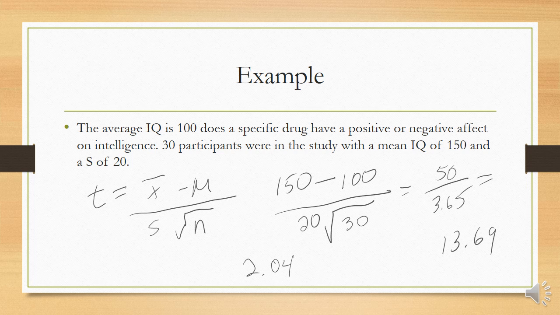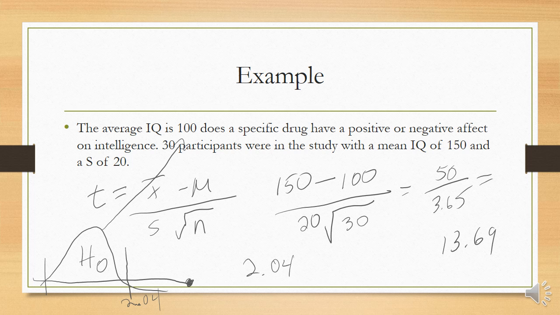So if we were to look at that distribution, if our critical value was 2.04, and with a t-value of 13, we would have to reject the null hypothesis.